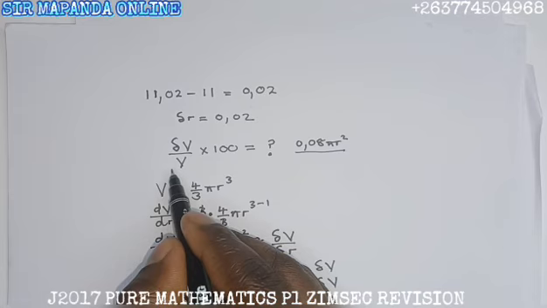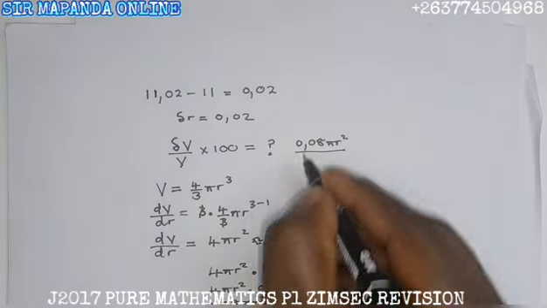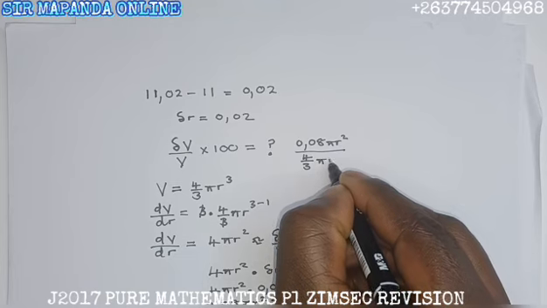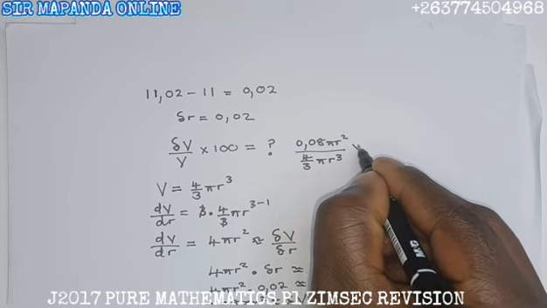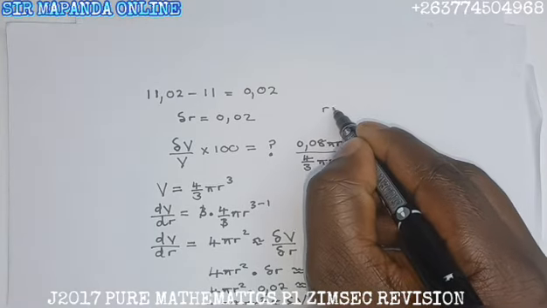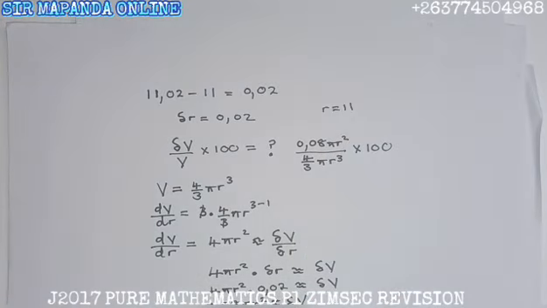This is to be divided by the given volume, which is 4 over 3 pi r cubed. Then you multiply with 100. I hope you are following. So on R, you have to put the original value before change, which is R was 11 before changing to 11,02. R was 11. So I'm going to put 11 on R.